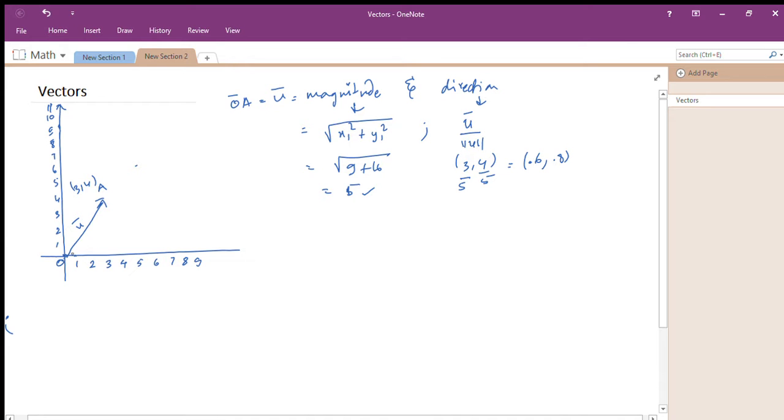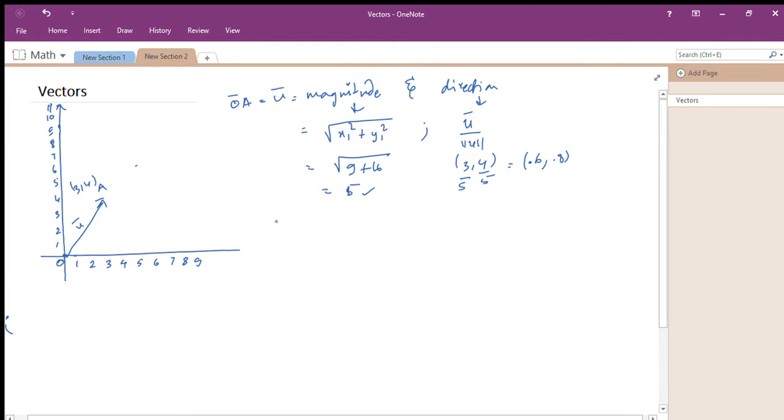So it's somewhere here, 0.6 and 0.8, right? The way I interpret it is, if I travel from the origin towards 0.6 and 0.8, and if I continue to travel by 5 units, I would reach this point A, and I would actually become this vector u bar or OA bar, right?